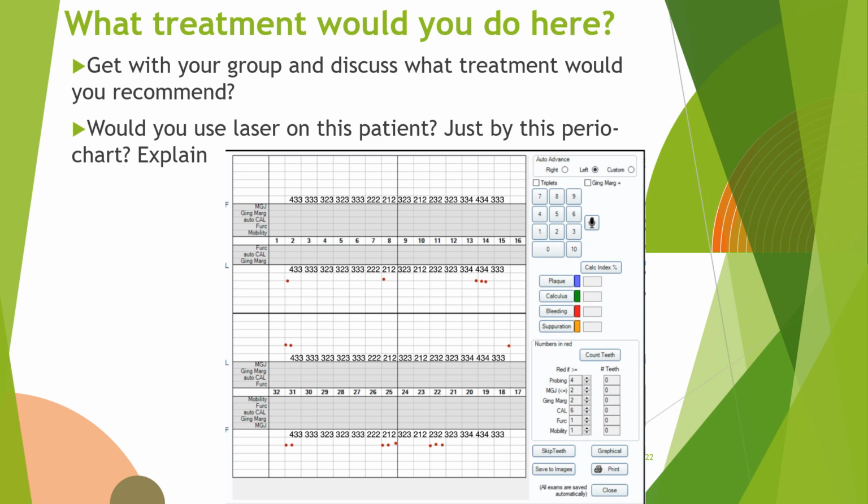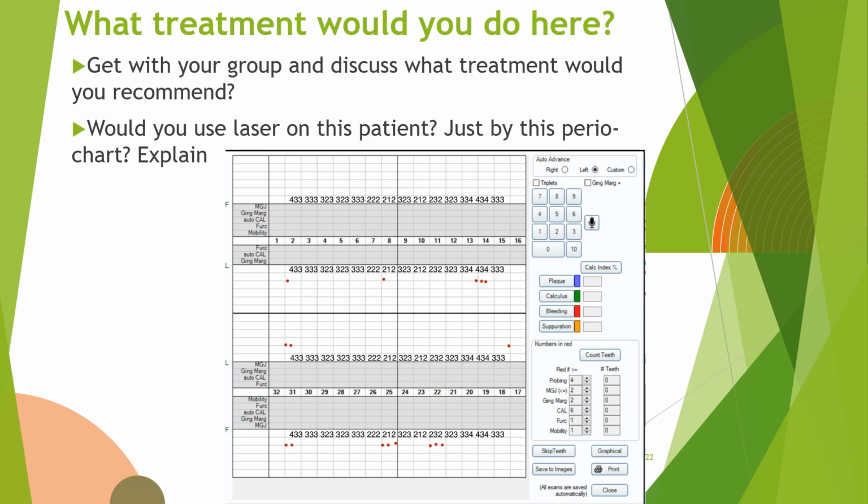Okay, so now that we know what the laser is and what it does, here is a patient case scenario. I want to apply what we've learned, so I would want everyone to get into a small group and review this periodontal chart. Would you use this laser for this patient?